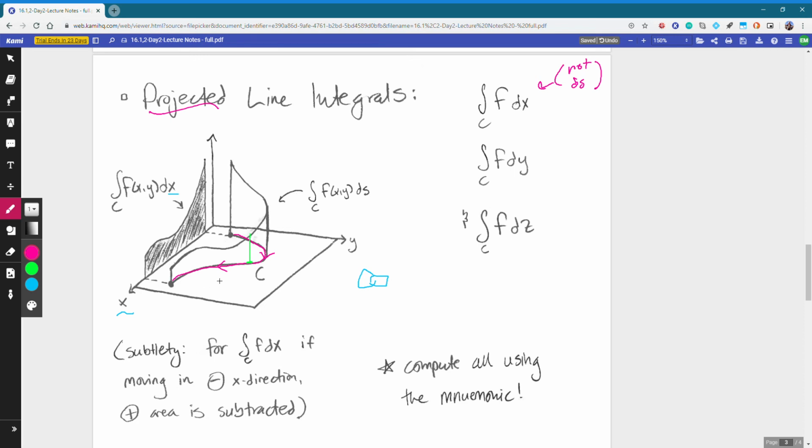And when that's the case, our positive area is counted positively and negative area is counted negatively. But if somehow our curve did something funny and changed course and was moving in the negative x direction, then things would flip and the positive area would actually be counted negatively and subtracted.